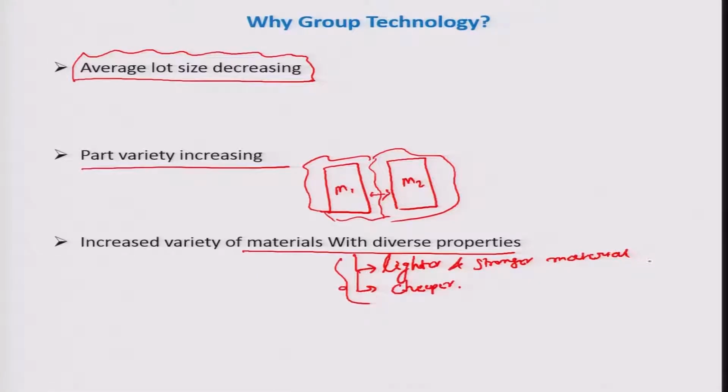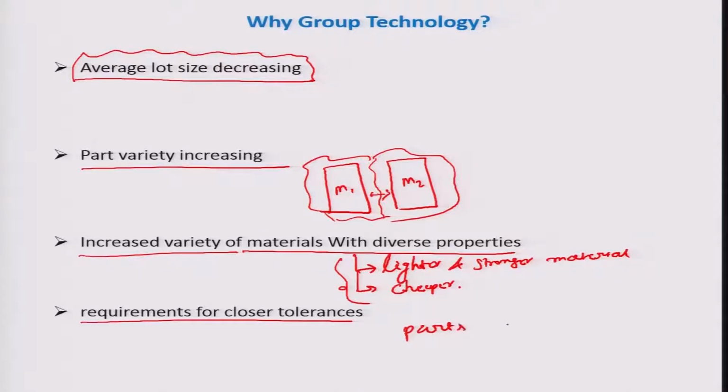Focusing on these characteristics puts a lot of pressure on companies. There are also requirements for close tolerance: parts are fabricated with close tolerances, and that increases cost.